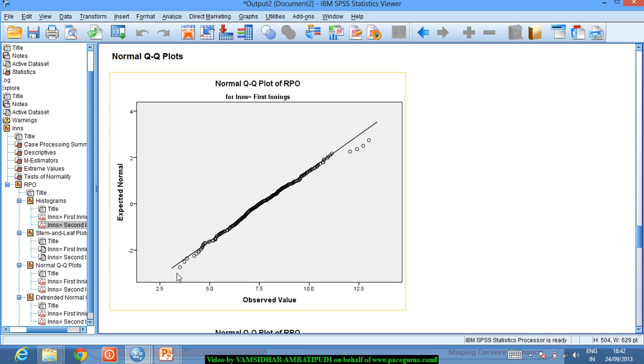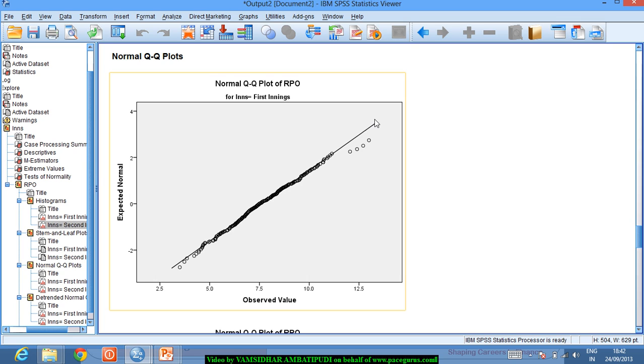So if my whole data is normal, all these actual points should be on this straight line itself. The closer the actual points are to the straight line, the more normal is my data.